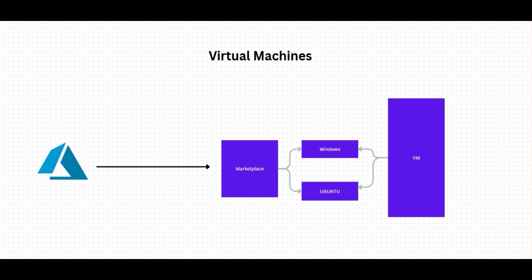Then we'll create a small React app on that virtual machine, and finally we'll learn how to access this app from our local system and over the internet by configuring the required network settings. This hands-on part will help you understand how virtual machines work in the real world and how you can use them to host your own applications. So let's get started and deploy our first app on an Azure Virtual Machine.